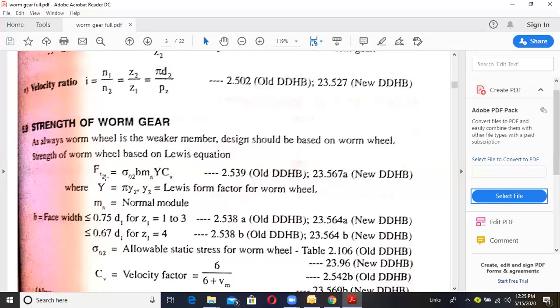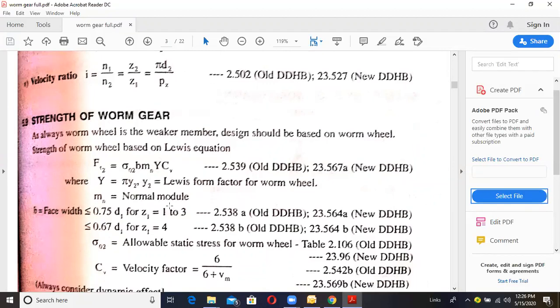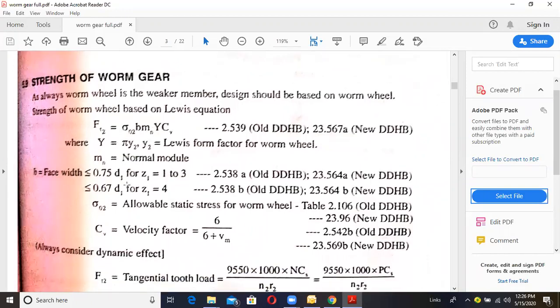Here, for the gear, Ft2 is equal to sigma naught B Mn y into Cv. Here capital Y is nothing but the Lewis form factor, and it can be calculated by using the formula pi into small y2. Mn is the normal module, and B can be calculated by using the number of threads.